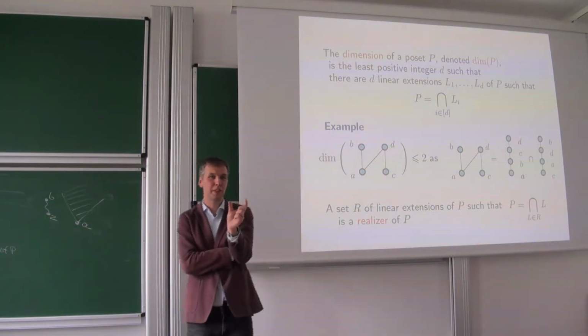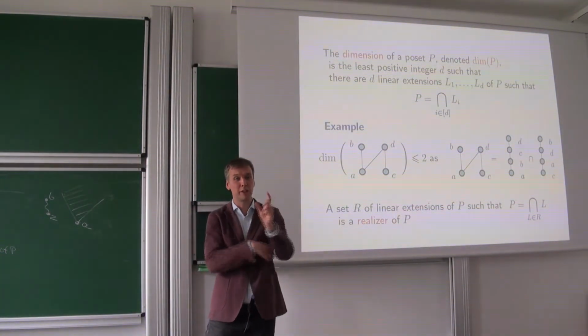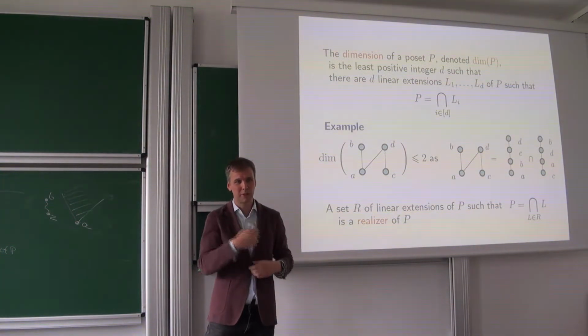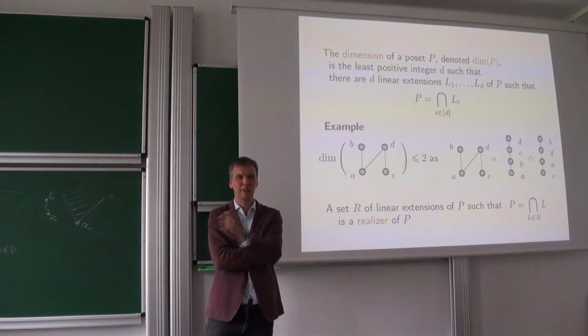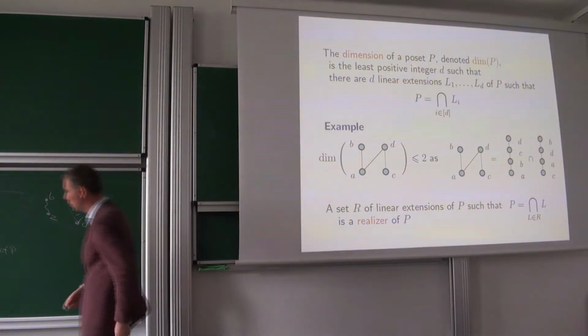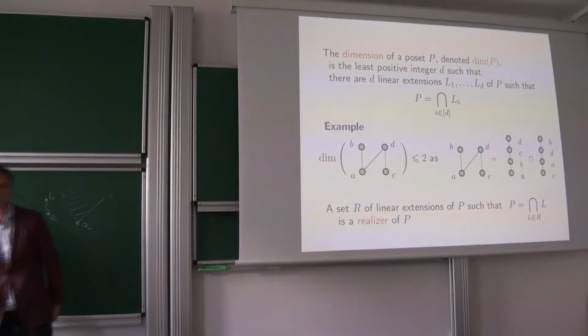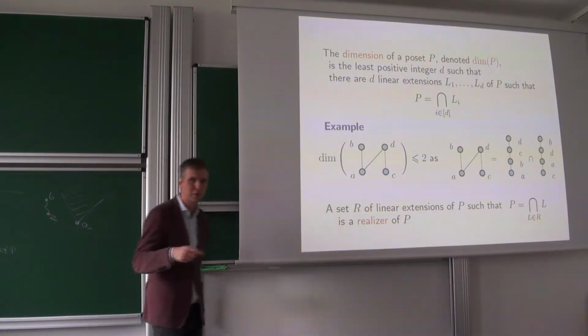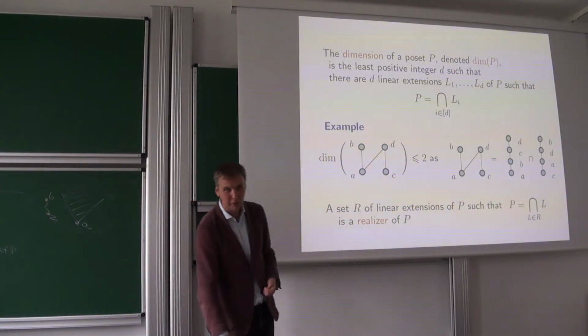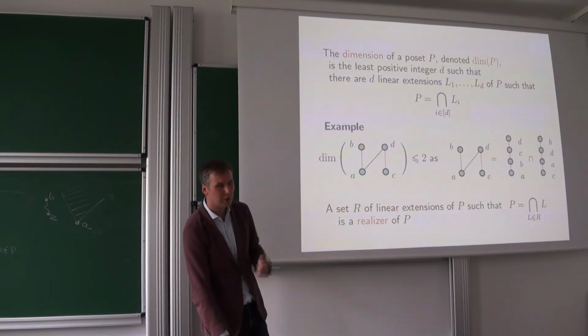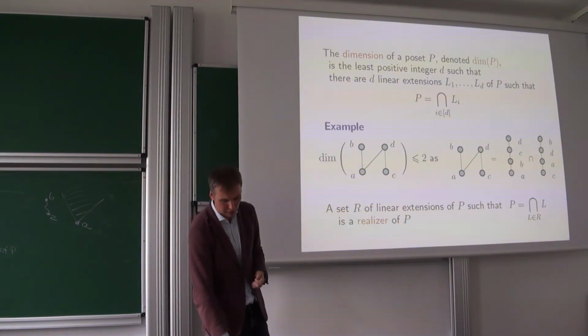When I have 2 elements that are incomparable, is the realizer unique? Maybe you are talking about the optimum realizer. I think it's also unique. Let's first do easy examples and get back to this question, because I'm jumping ahead of myself. So just 2 slides and we get back to it.